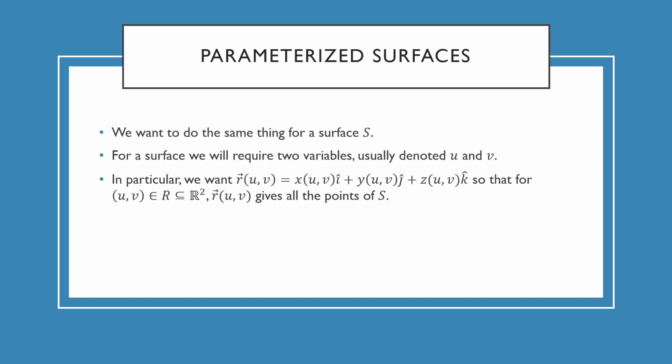And we're going to have some region R inside the plane that will give all of the points of our surface S. Just like in parameterizing curves, there's no recipe for doing this. It's going to take practice, and the more practice we have, the better we'll get at it.